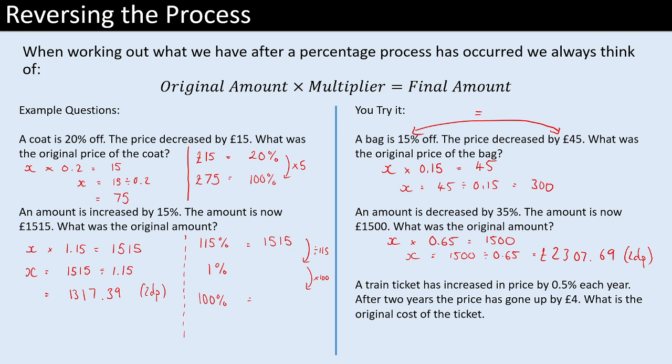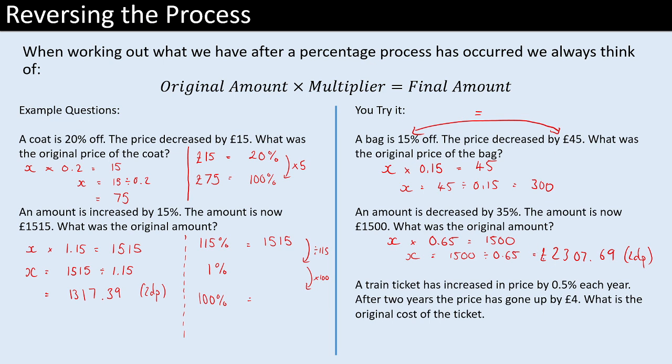Right. This bottom question is actually pretty involved, and this is the first kind of question that I would expect to only be on the higher tier, or it may be at the very end of the crossover. We've got a train ticket which has increased in price by 0.5% each year. After 2 years, the price has gone up by £4.